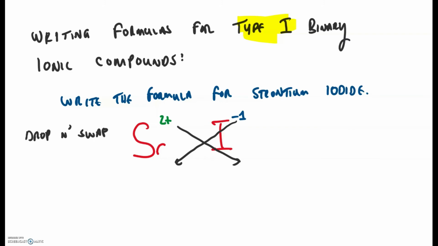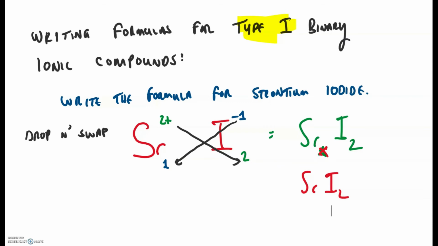So if I drop my charge of -1 down here, get rid of the sign because we're just trying to find out how many of each atom there are, and do the same with our strontium, that means our formula is going to be strontium 1, iodine 2. But we typically don't worry about things that have a 1 next to them. And so our formula for strontium iodide looks like that. Just that easy.